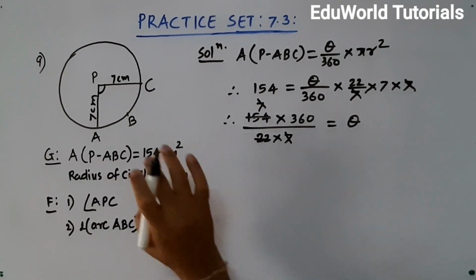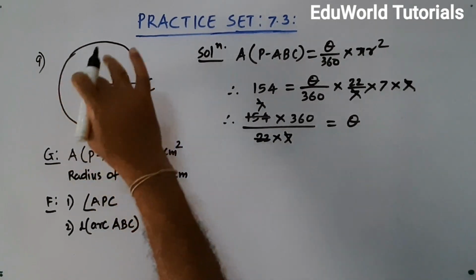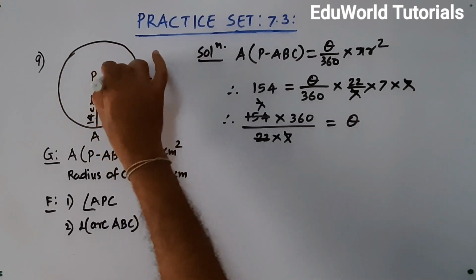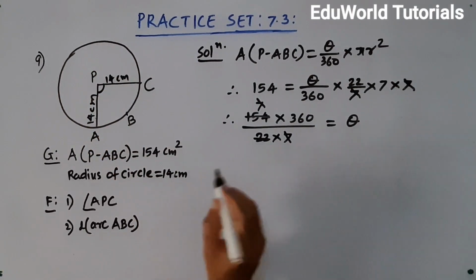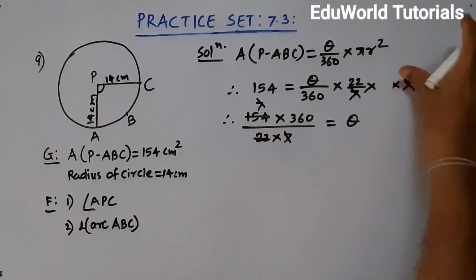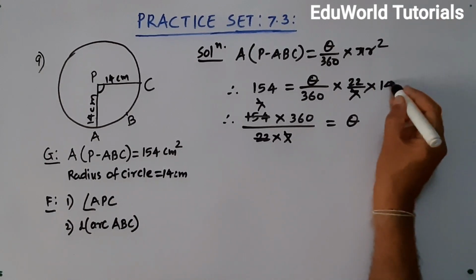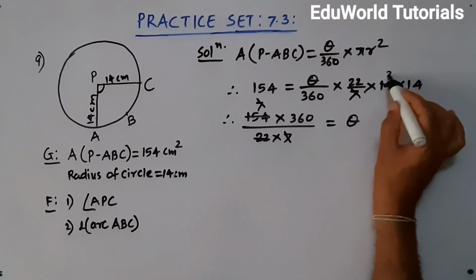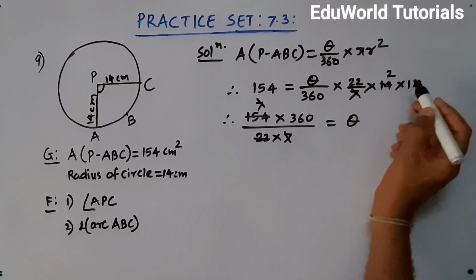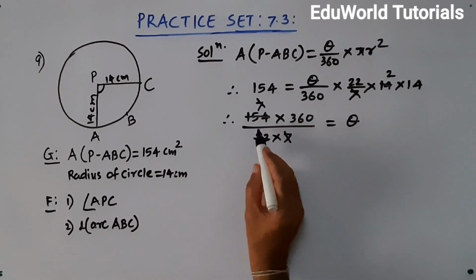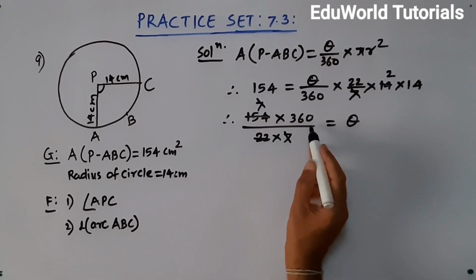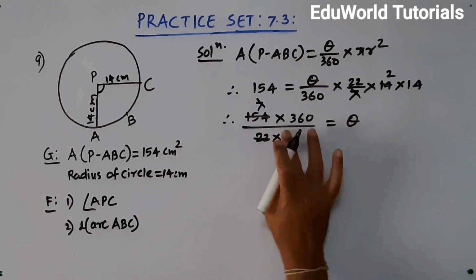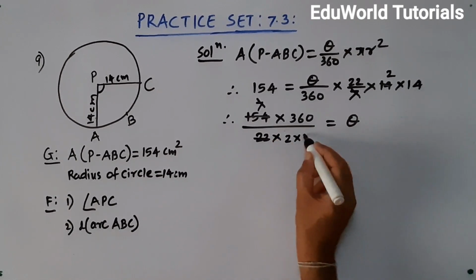Actually the radius of the circle is not 7, it is 14 centimeter. So there will be a change, 14 centimeter here. Radius of the circle is 14 centimeter. So we need to make all changes here. So it is 14 into 14. So we can cancel 7 2s are 14. And then what numbers will we be taking to this side? 154 into 360, and 22 into 2 into 14.